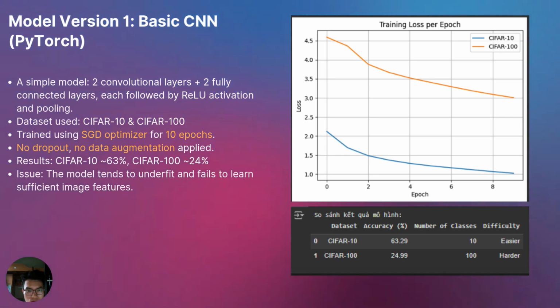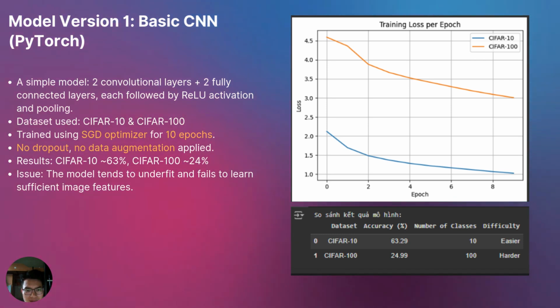Look at the line graph, the training loss per epoch. The lines show a gradual decrease as the number of epochs increases.